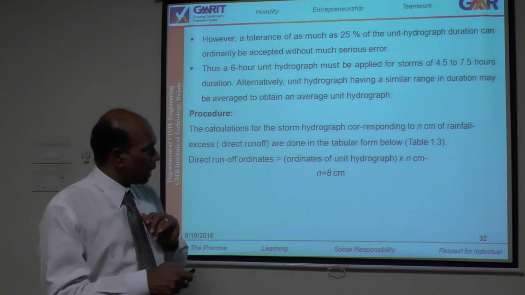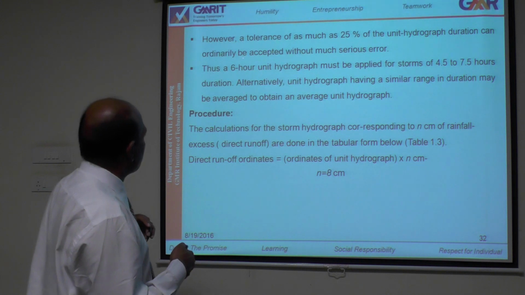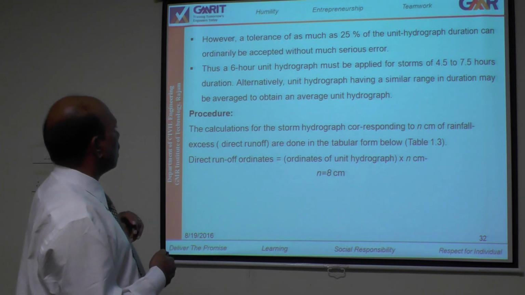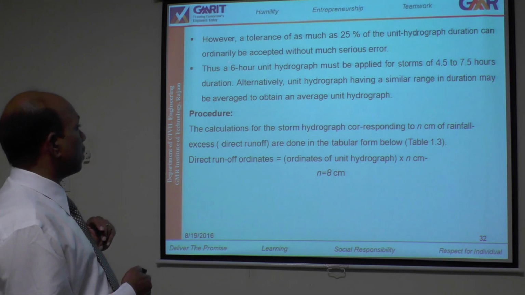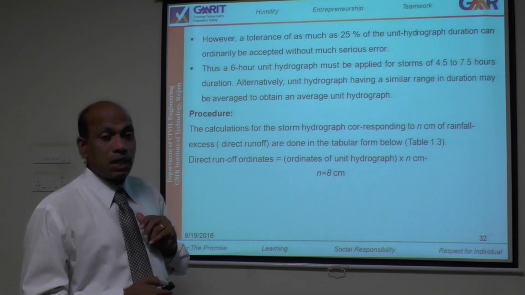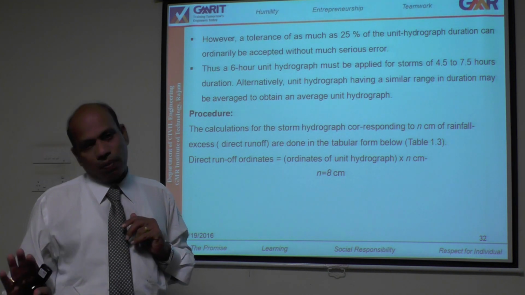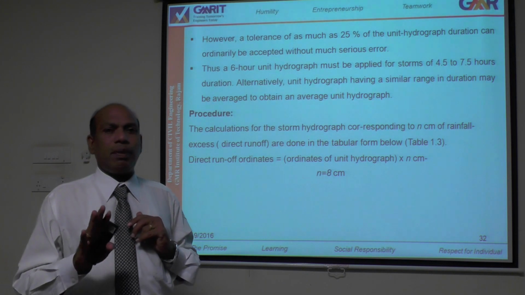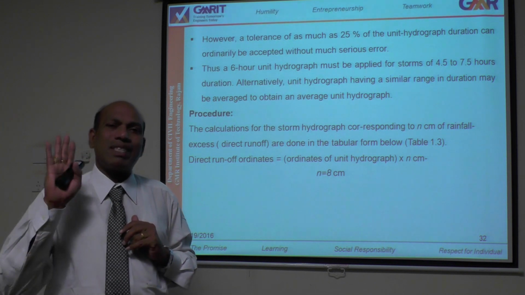For example, we have a 6 hour unit hydrograph for the Godavari basin, having only one unit hydrograph, that is 6 hours. Strictly speaking, this 6 hour unit hydrograph can be used for the construction of a 6 hour storm hydrograph. This is right. But in some cases it can be applicable 25% more or less, not giving much error.